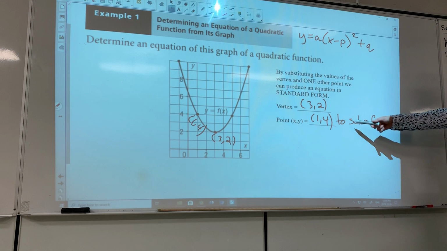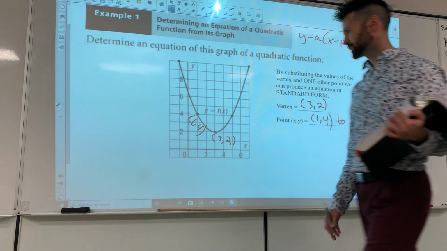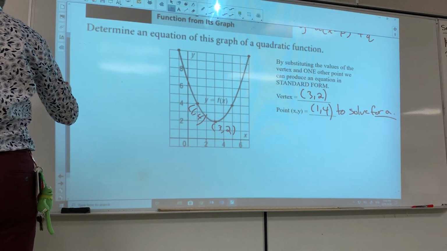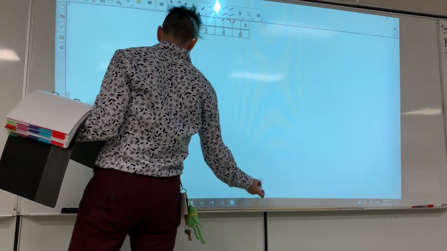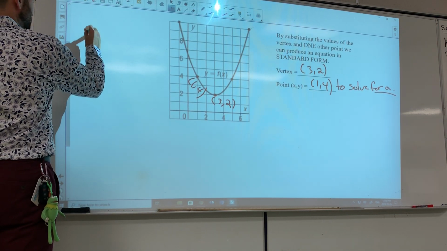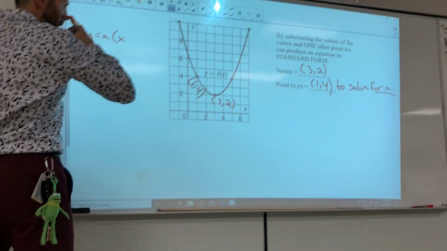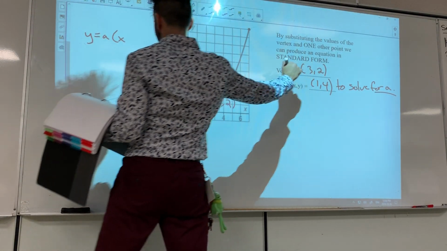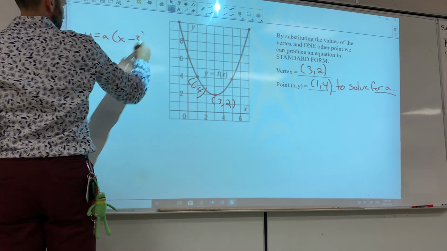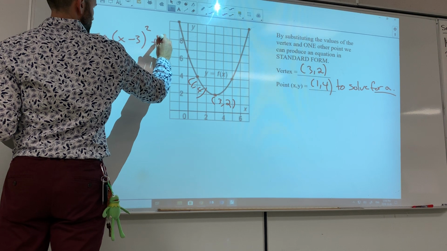For some reason, it seems like half of you forget to do this on the test. Historically, for some reason. Hopefully everybody remembers. Let's start over here. I'm going to substitute the vertex into my equation. Remember, the x value always means the opposite sign. If it's plus 3, we write negative 3 there, and then plus the q value.